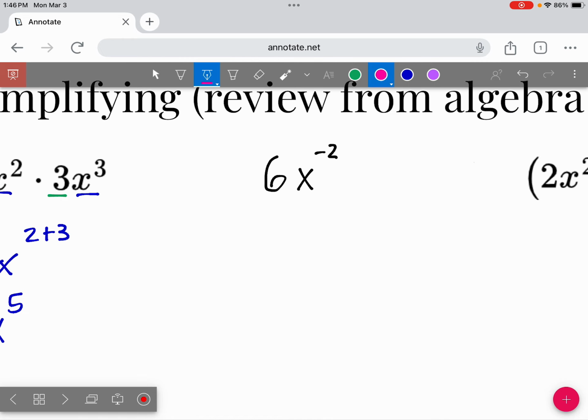What does a negative exponent do? It does not make it negative. All right, if we don't remember, that's fine.